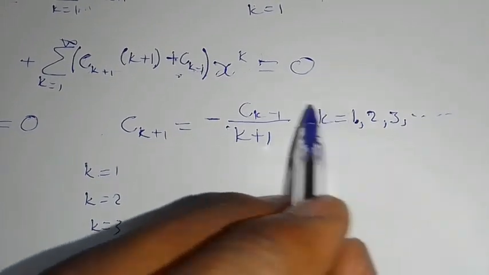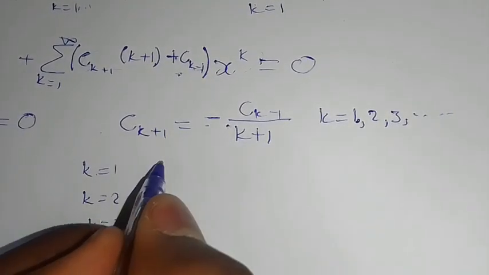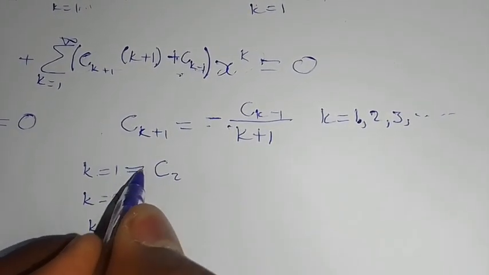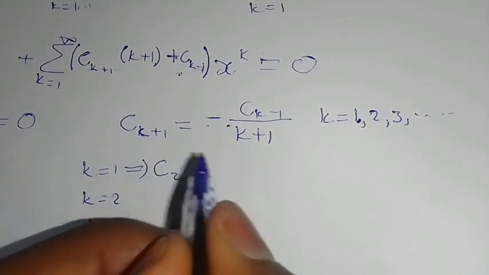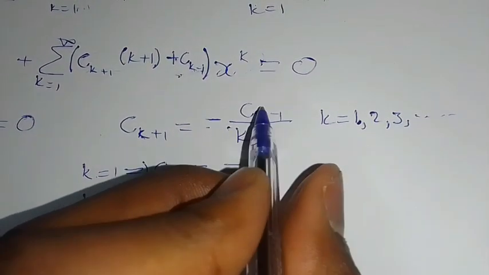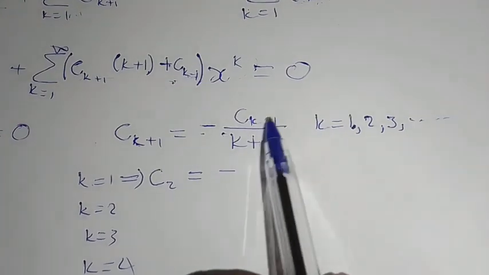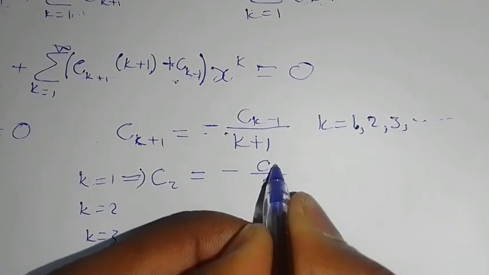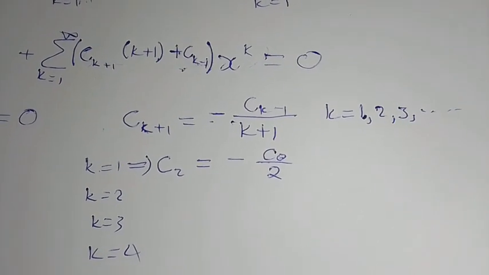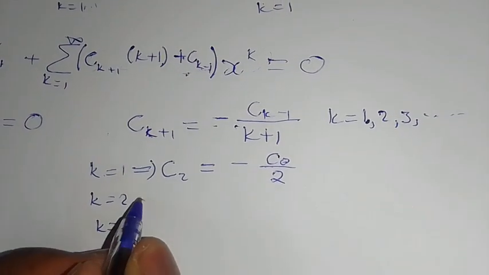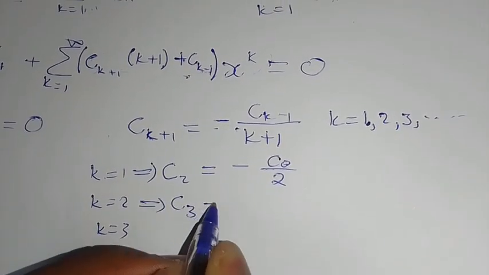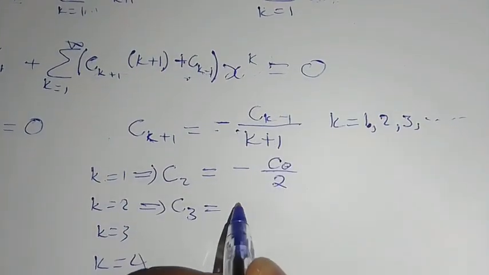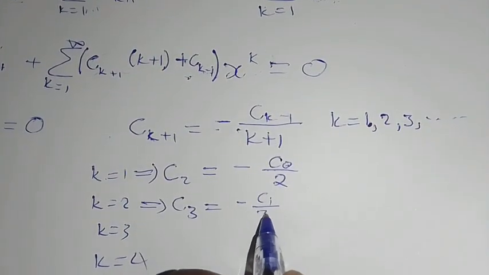Okay, so now plug in 1 here. If you plug in 1, you have c2. So for k equals 1, we end up with c2 equals negative c naught over 1 plus 1, that's over 2. So c2 equals this. Plug in k equals 2, then you get c3 equals negative c1 over 3.